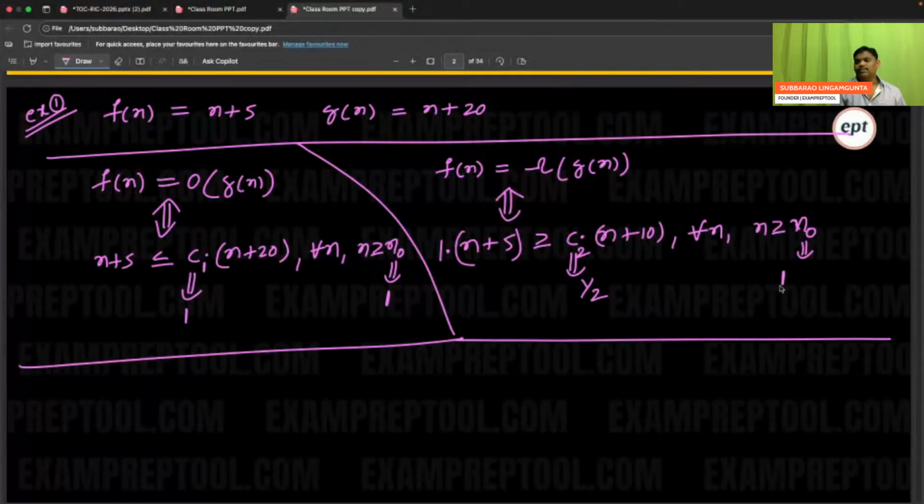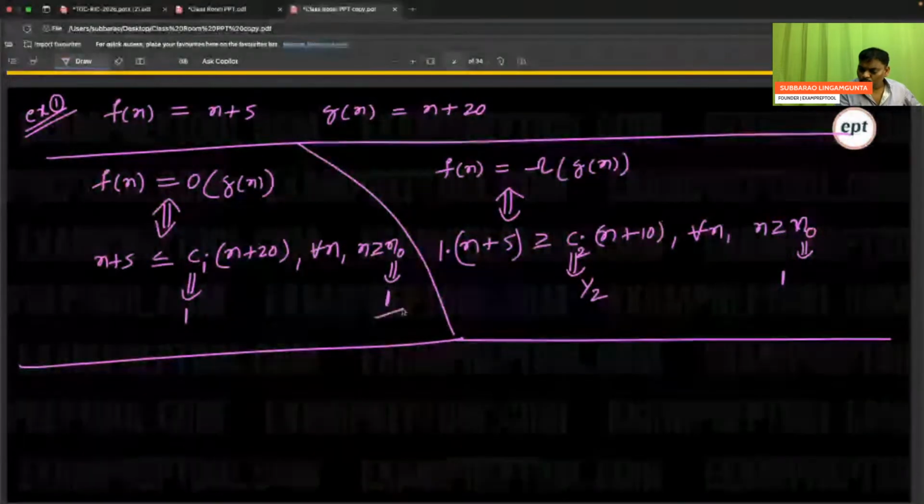Left 7, right 6. Still working. Let me take n value 10. Left is 10 plus 5, 15. Right is 10 plus 10, 20 by 2, so 10. Left 15, right 10. So it is working. Finally, the conclusion is, for c1 of 1 and n0 of 1, it is working.